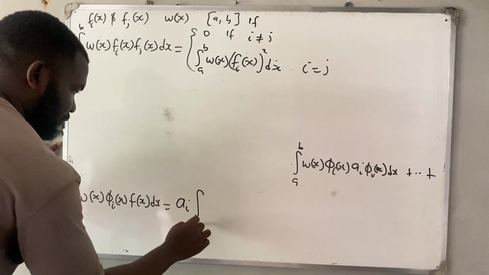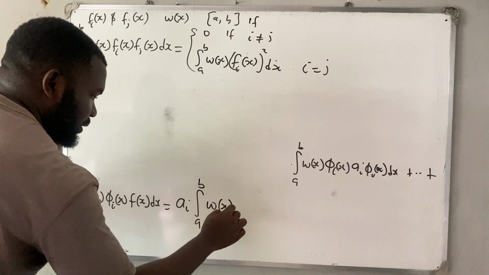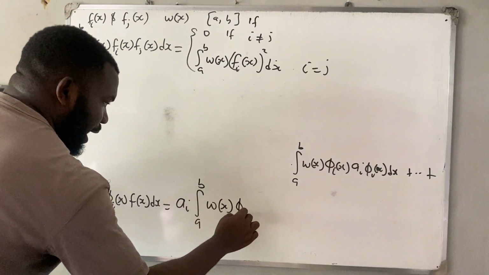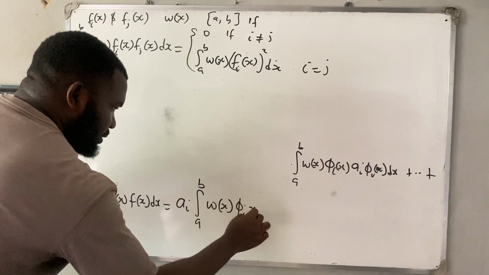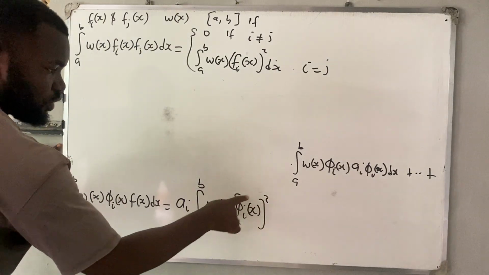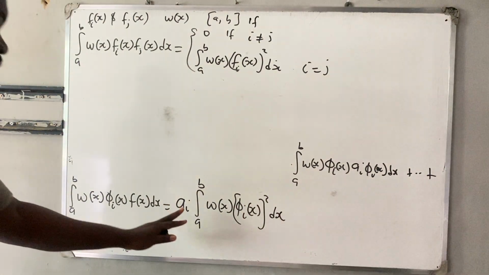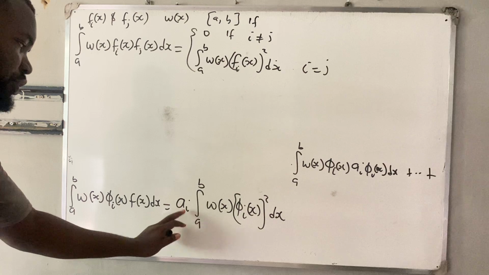I'll have the integral from a to b of w of x, phi_i of x, all squared. Some people will write it as phi squared i of x, the same thing, dx. Now, the main formula we are looking for is to make a_i the subject of the formula.